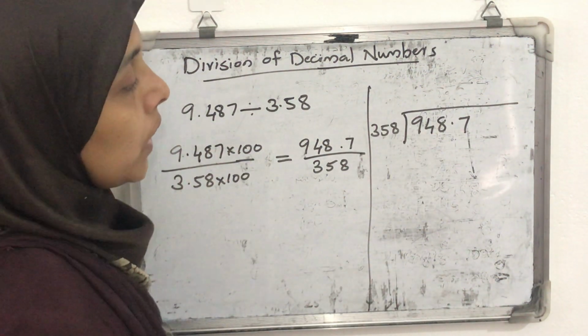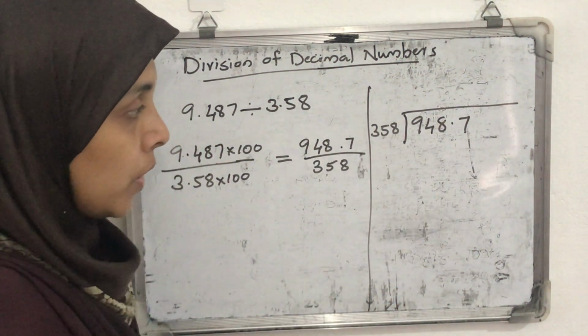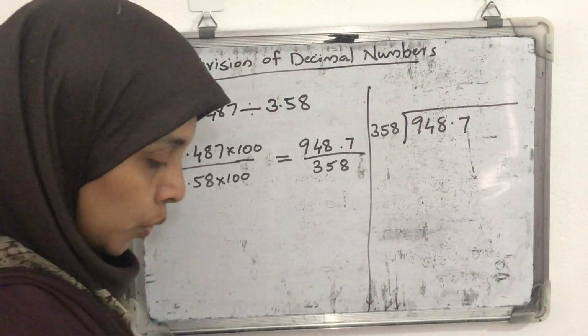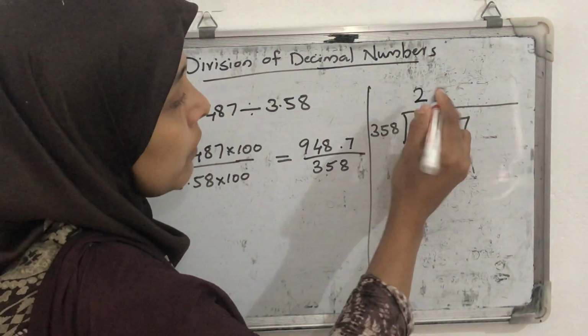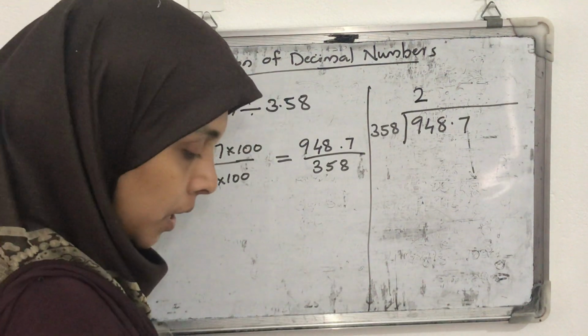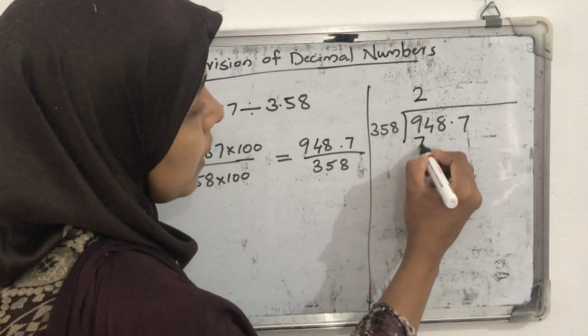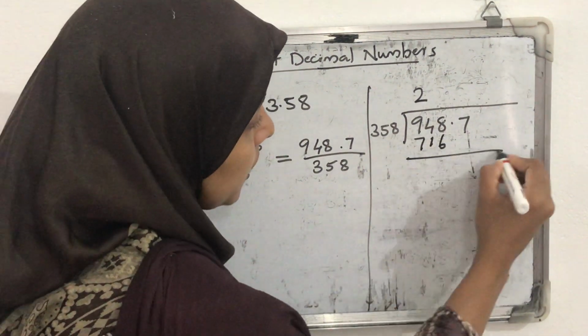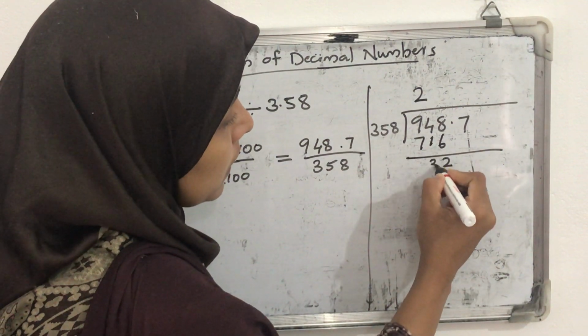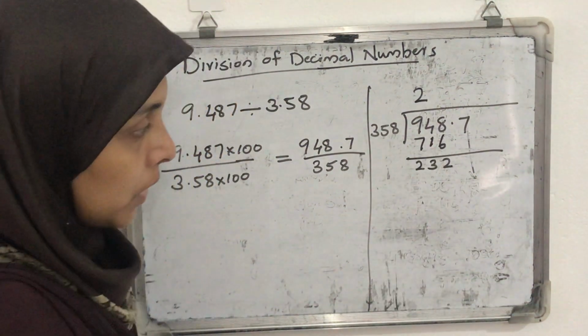Now how many times does 358 go into 948? We know it will be 2. So 2 in the quotient. Next 2 into 358 becomes 716. Then subtracting, we get 232.